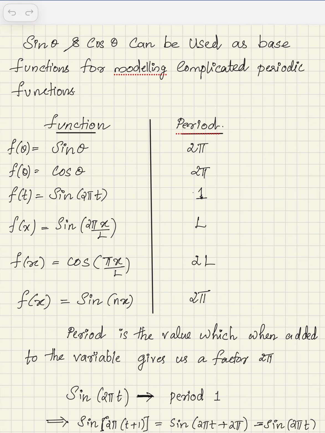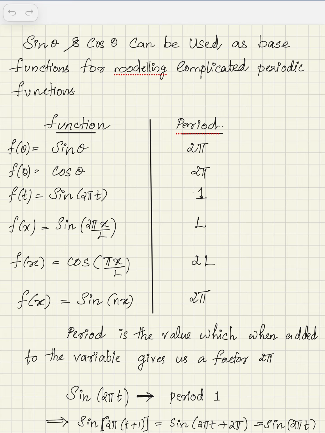So the period is nothing but the increment that you have to make in the variable. For example, if you consider f of x equal to sin 2 pi x by L, when you increase x to x plus L, you will get sin of 2 pi x by L plus 2 pi.